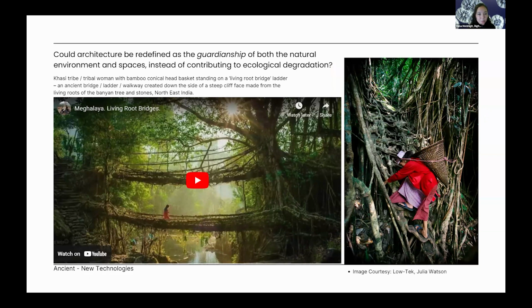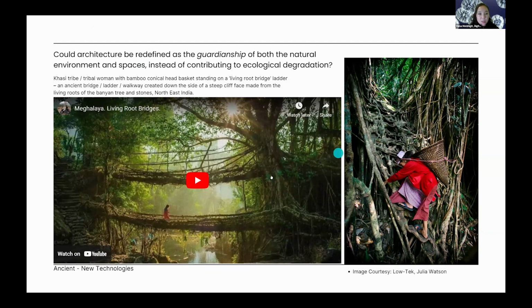So this is a living root bridge by the Khasi tribe. This one is located in Northeast India, made out of banyan tree, directed by bamboo, and ladder, and also added by stones and other plant fibers.